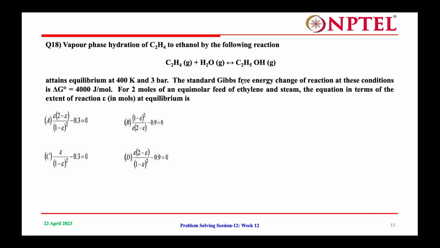The standard Gibbs free energy change of reaction at this condition is delta G equal to 4000 joules per mole. There are 2 moles of equimolar feed of ethylene and steam. Derive the equation in terms of the extent of reaction at equilibrium. Options are given, right.